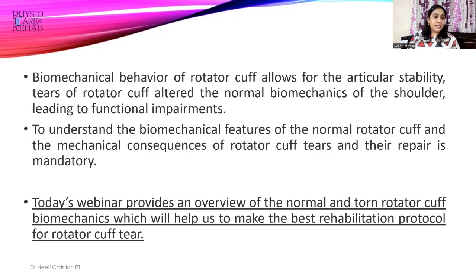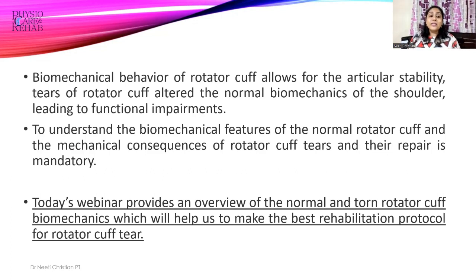The biomechanical behavior of the rotator cuff allows articular stability. It gives stability to the articulating structures. If there is any tear of the rotator cuff, it alters the normal biomechanics of the joint, which leads to functional impairment.